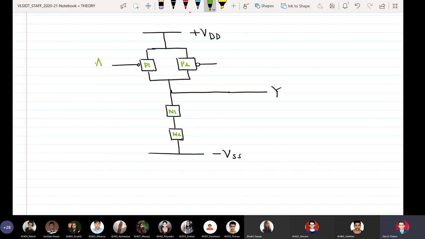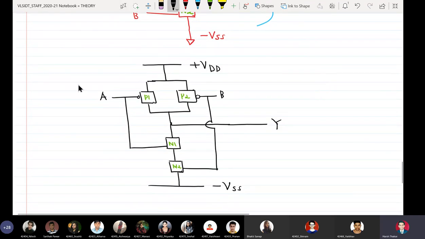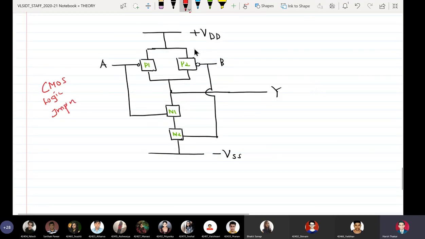P1 parallel P2, N1 series N2. And see how I'm making the connections. A and B. Okay, I can say that this is my CMOS logic implementation.